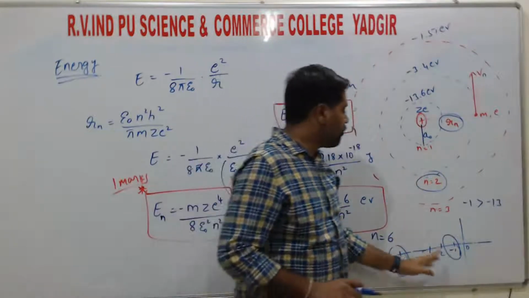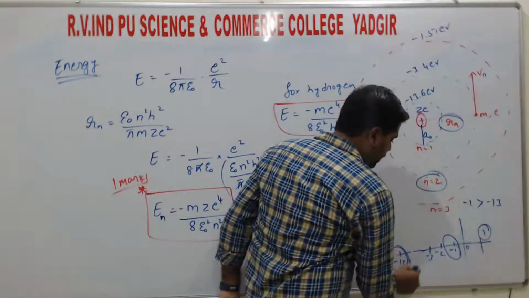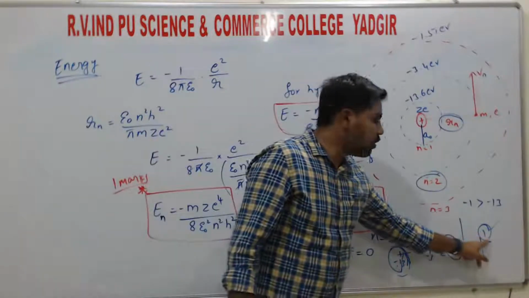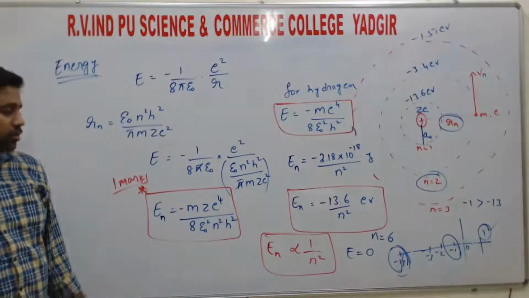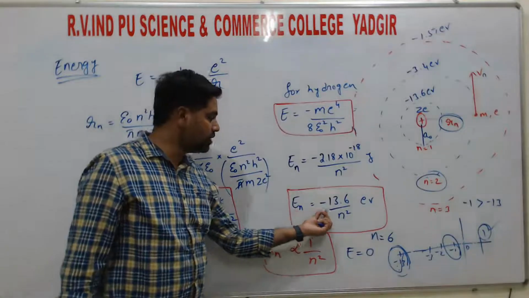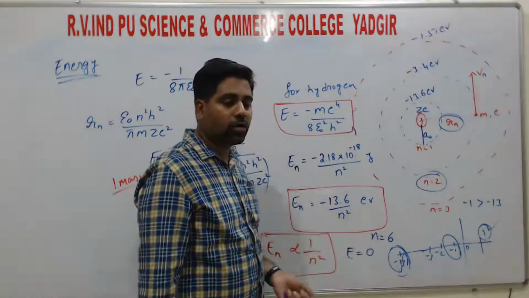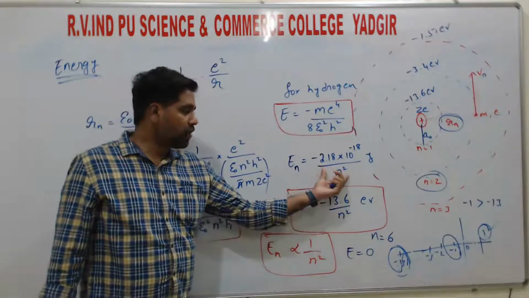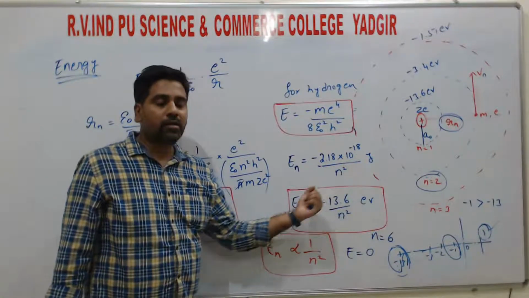If you compare minus 1 with minus 13, minus 1 is greater. That means in the outer orbit, the energy is more than that of the first orbit. So this is the energy relation: directly we can write En equals minus 13.6 divided by n square electron volt. This is in the form of joules, so to convert joules into electron volt we need to divide by the charge of 1 electron.